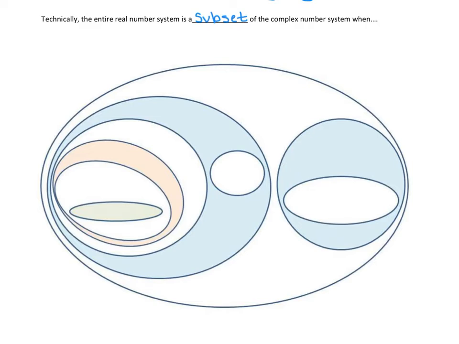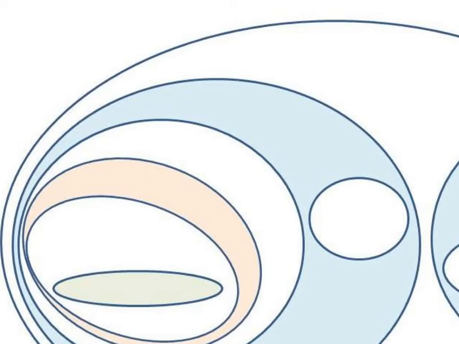I'm going to start with this blue bubble and call that what we know so far, which is the real number system. And that's what we're mostly familiar with.